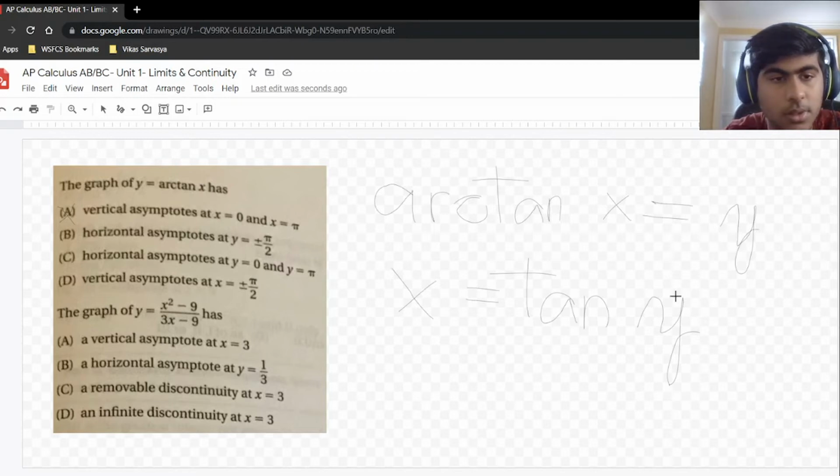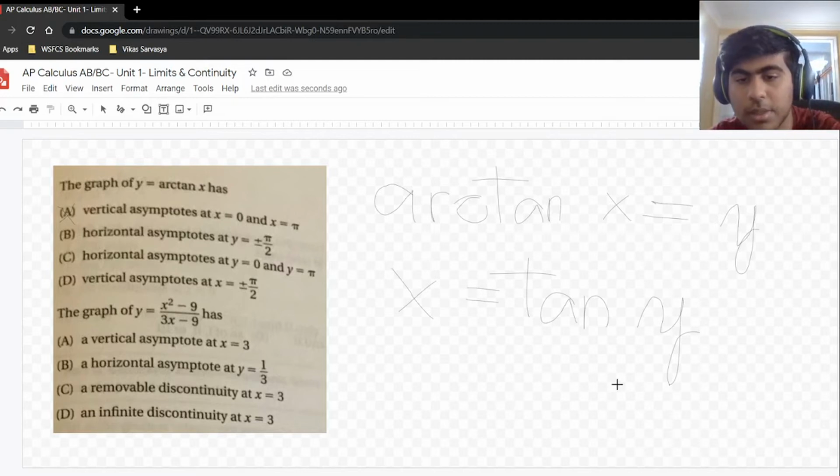If we take the arctangent of infinity, that's like saying tan y equals infinity, then y is going to be approaching pi over 2.